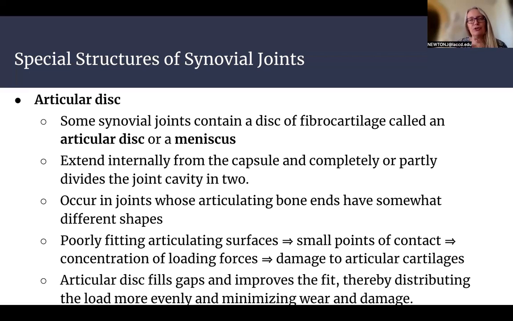So in order to cushion where these unusual shapes are merging, we can have an articular disc in that joint. And that will distribute the load on that joint more evenly. It's filling the gaps and improving the fit between the bones. And this is going to help minimize wear and damage to the articular surfaces, the articular cartilage, and the bone beneath.